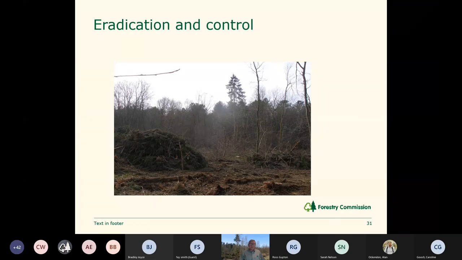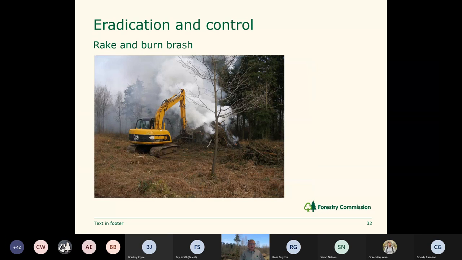It's not supported through direct funding, certainly, and it's also quite a significant impact on a site like this to have harvesters, forwarders, significant volume of rake and burn. So we were very pleased to receive the support of the landowner in this, both in practical terms and their commitment to help the eradication process.